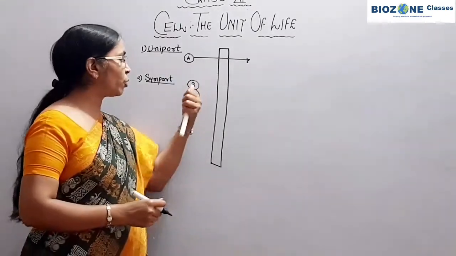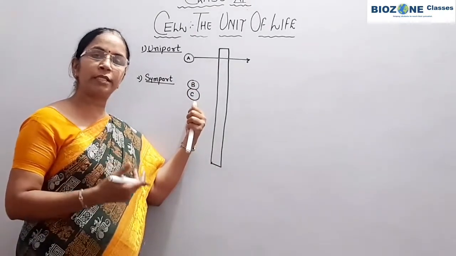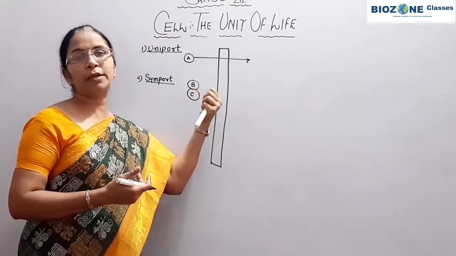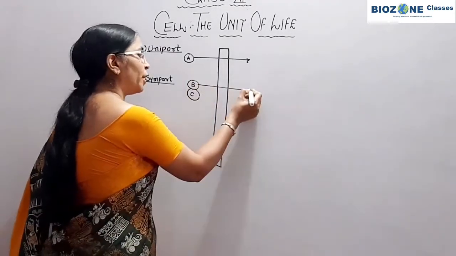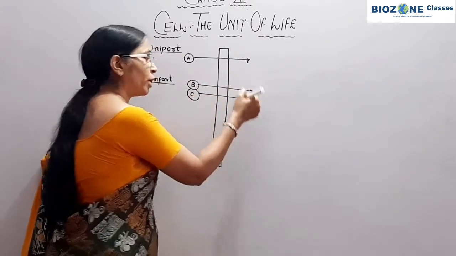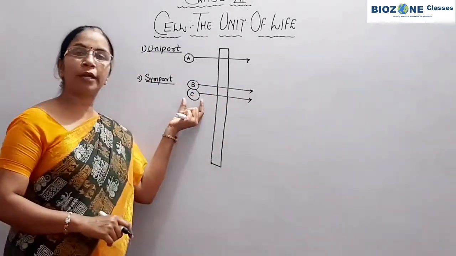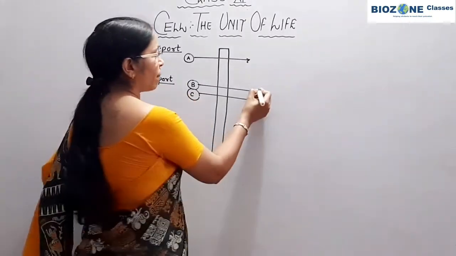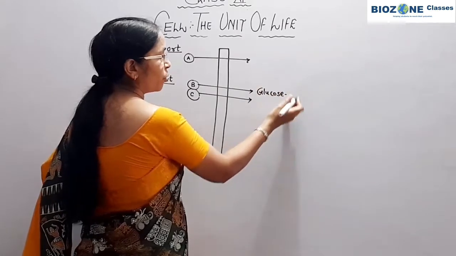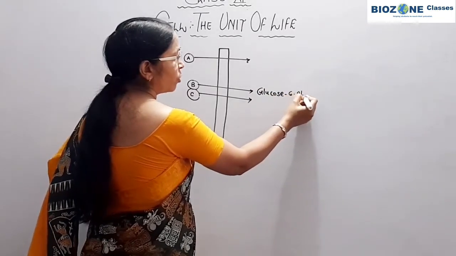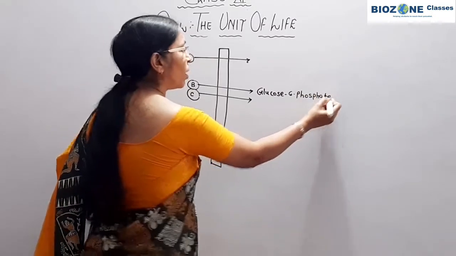So the transport of B is dependent on C, or you can say C is dependent on B. When both molecules are transported together in the same direction, then it is called symport. A common example for symport: glucose is mostly transported in the form of glucose 6-phosphate or glucose 1-phosphate.